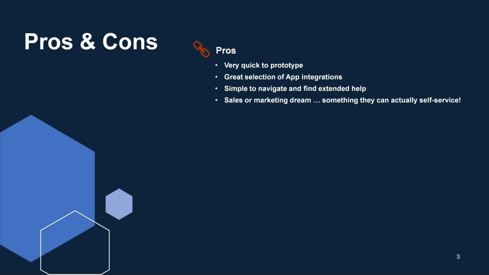And I'd then say, I see this as being a sales or marketing department's dream. It's something they can really utilize to automate monotonous tasks and get quite creative with the process. And on top of that, it's something they can actually self-serve themselves. Lastly, it's incredibly cost effective as well. There is a free version of Zapier that is limited to a trigger and a single action.